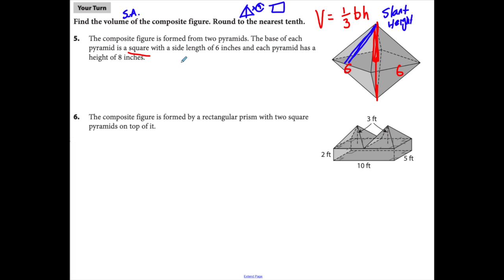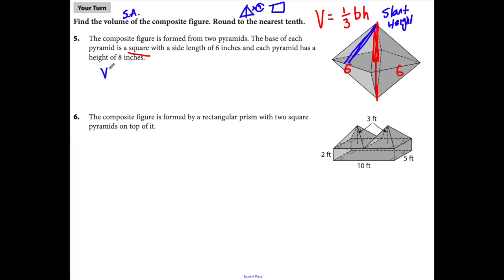So we need to find the total volume, right? And we have 2 pyramids. Each base is a square, and you have these side lengths given. So I'm going to interpret it this way: I'm going to take the 2 volumes and add them up. Be aware there will be surface area problems as well, and I'm going to incorporate that by finding both.